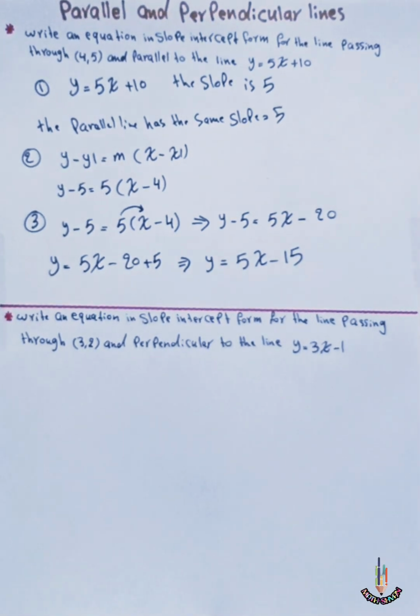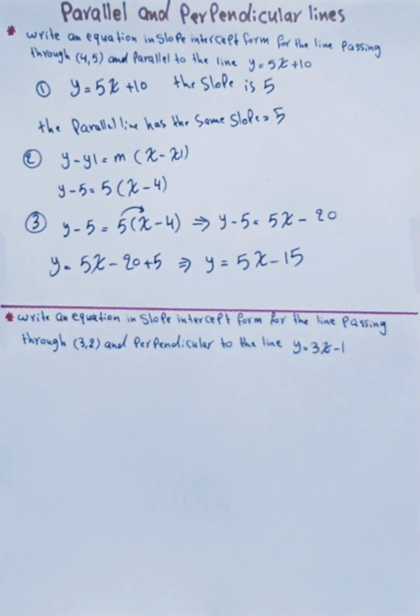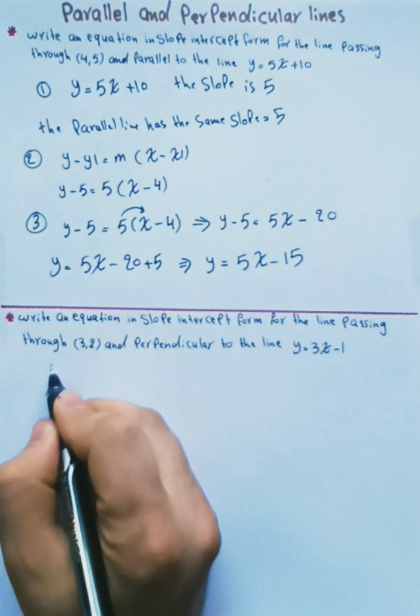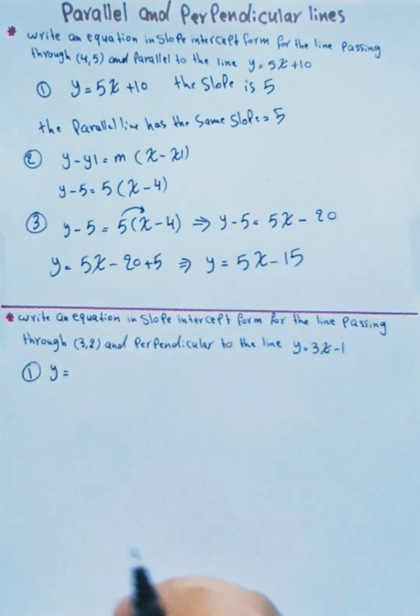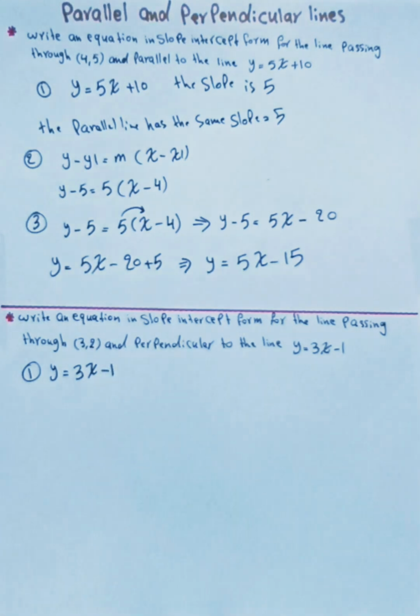After that, in this example, write an equation in slope-intercept form for the line passing through (3, 2) and perpendicular to the line y equal to 3x minus 1. First step, you have to find the slope. Our line is y equal to 3x minus 1.